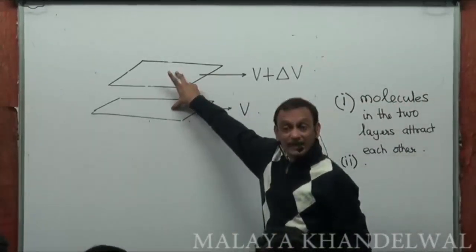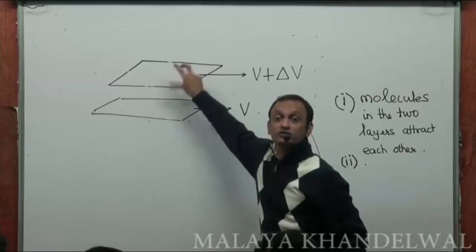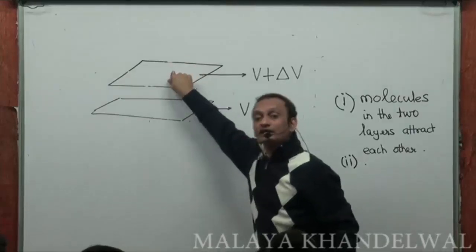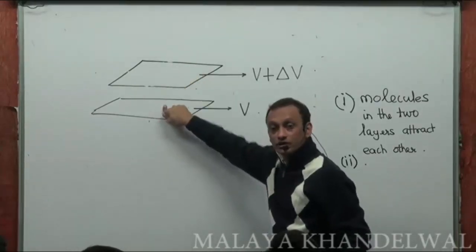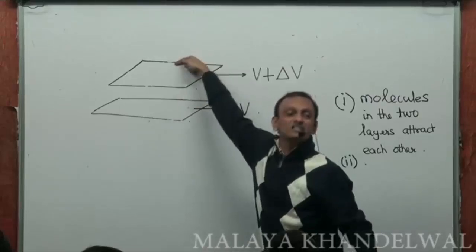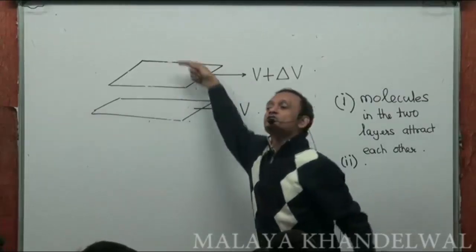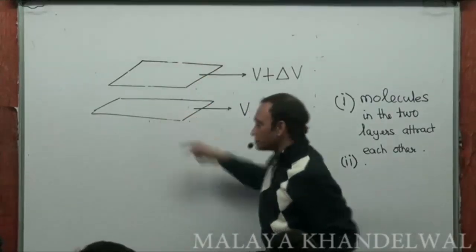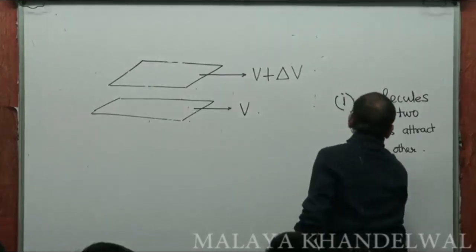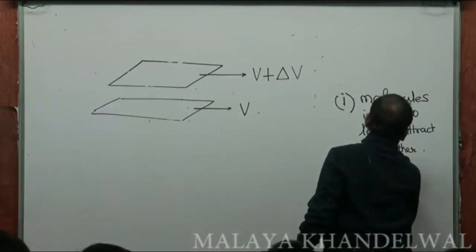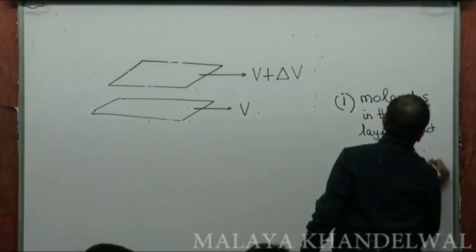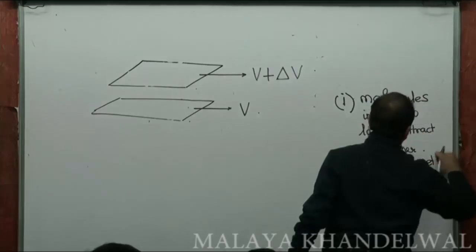Relative motion once again would get impeded because the faster molecules will share their motion partially with molecules here. These will accelerate, these will retard because they have shared their momentum with particles here, right? So momenta get shared.